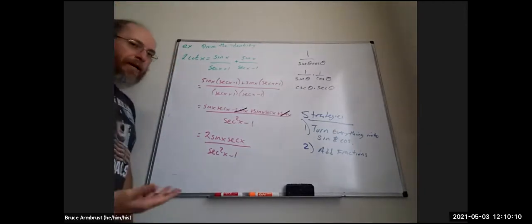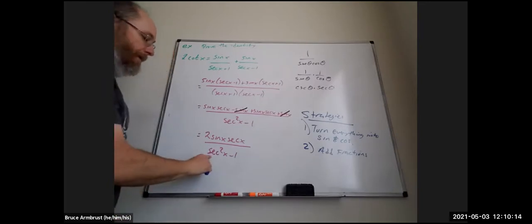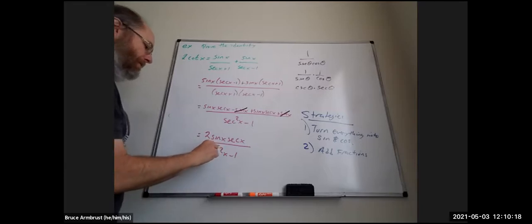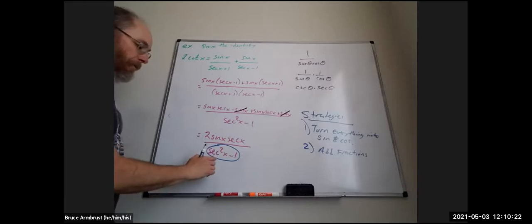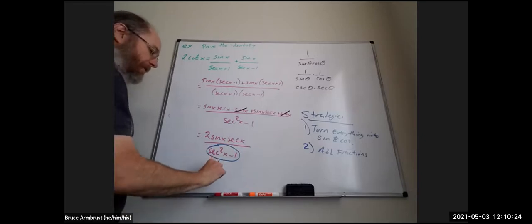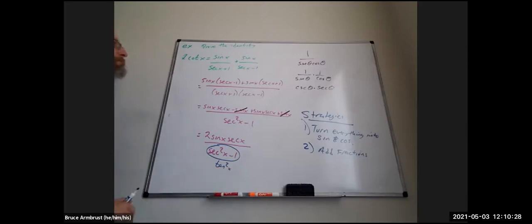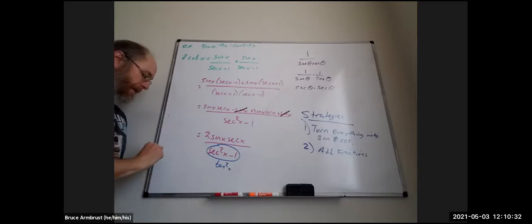Well, this is where we're going to come back to our identities again. On the bottom, I don't know if anybody recognizes this, but we're going to be able to change this into tangent squared. And that's coming from the Pythagorean identity.